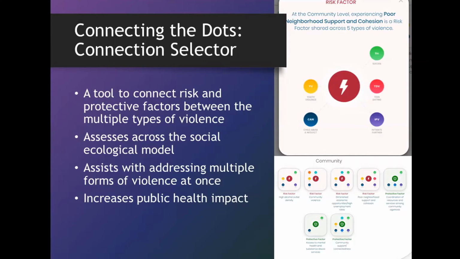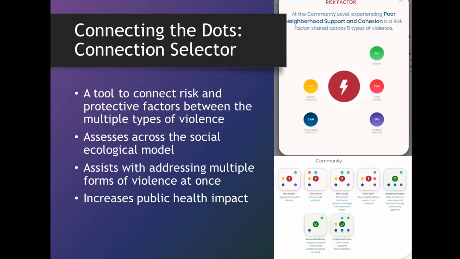The Aspire team did a connecting the dots connection selector, so to speak. The sorting process identified the same risk and protective factors we're all working on together in Ohio, and those we're working on individually. There have been some surprises, meaning we found out that we are working on the same risk and protective factors, for the most part, in a silo.